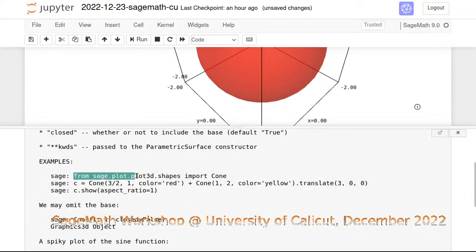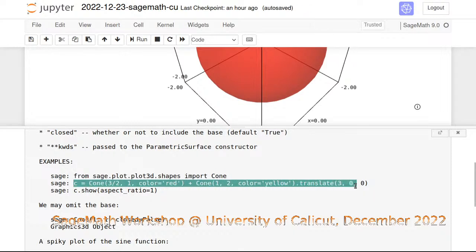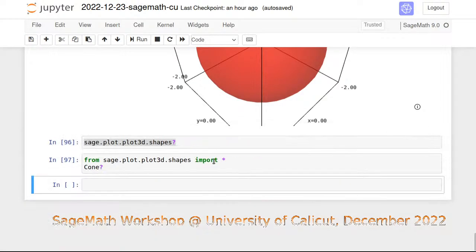So instead of from Sage plot 3D shapes import cone, we used import star. Import star in the sense of import everything. Star is known as a wildcard argument. So if you do this, we will get everything, so let us take two cones and see. After that we can translate. So what is translation? That also we can try to see.